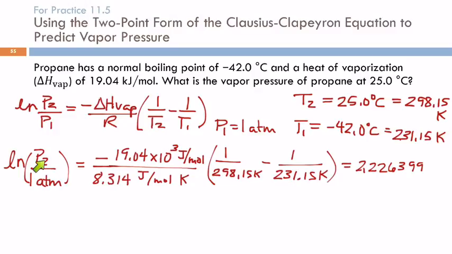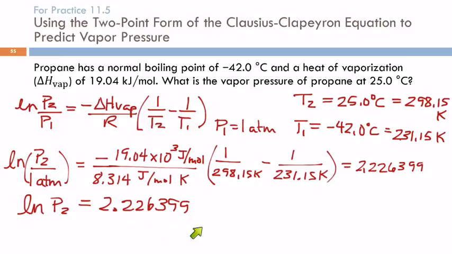What is P2 divided by 1? It's still P2. That's why I chose to make P1 the normal boiling point, because I knew that would happen and I just thought it would be easier. So now we've got the natural log of P2 equals this number, 2.226399. How do we get P2 by itself? Natural log is a function, right?